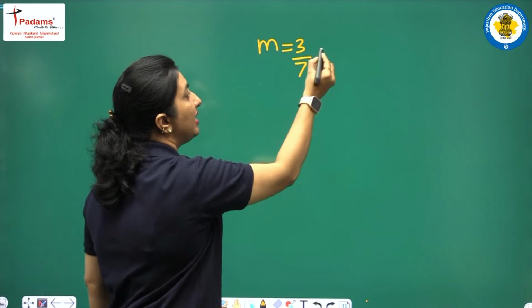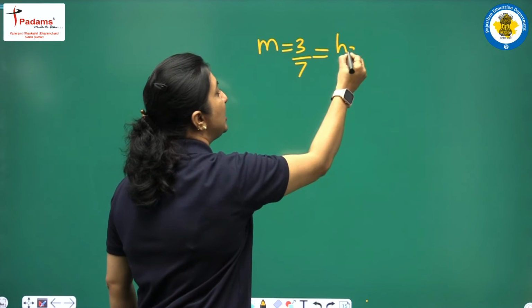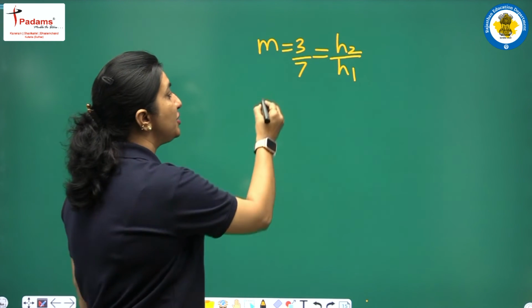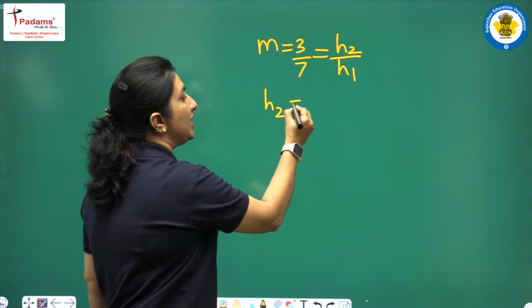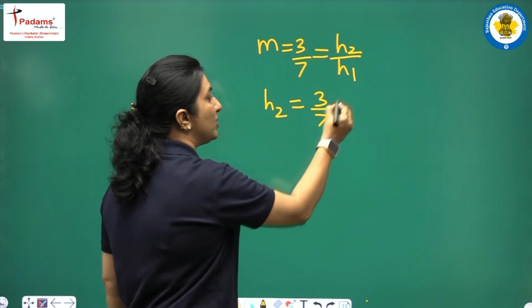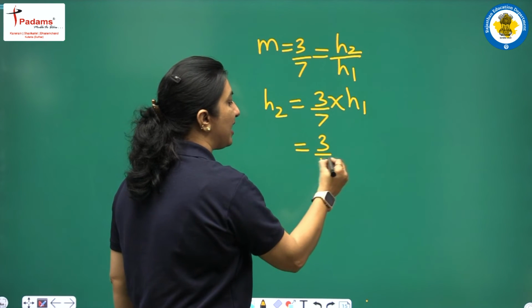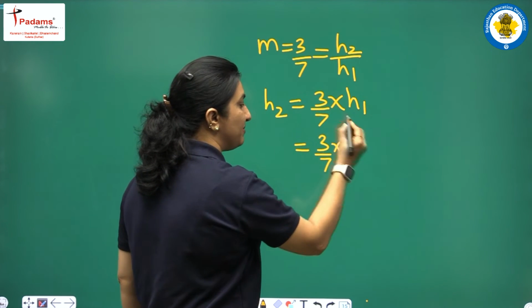The formula here what we will use is m equals h2/h1. Now students, we need to calculate h2. So h2 will be equal to 3/7 into h1, where h1 is given as 5 centimeters.